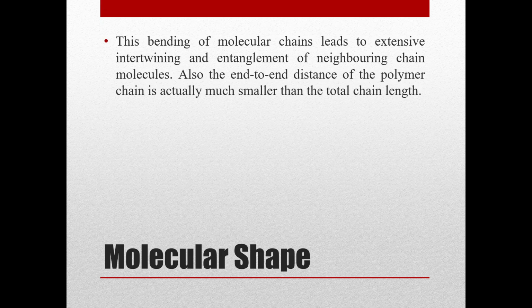Also, the end-to-end distance of the polymer chain is actually much smaller than the total chain length. Because of the bending, the ends of the molecular chain may lie much closer than expected.